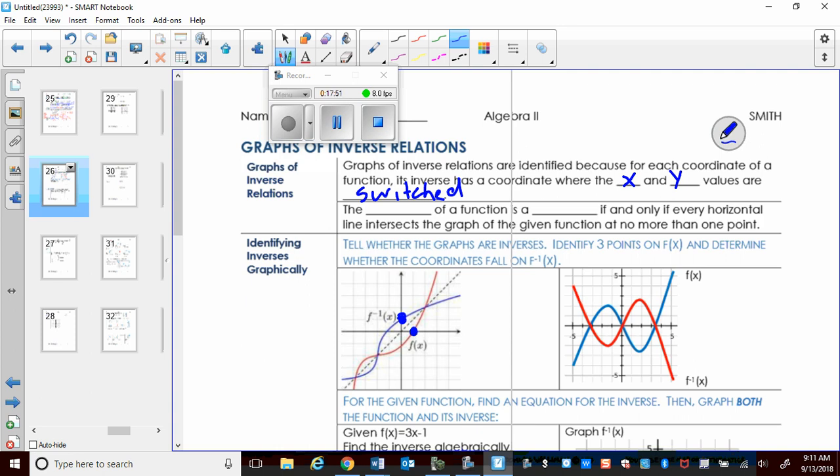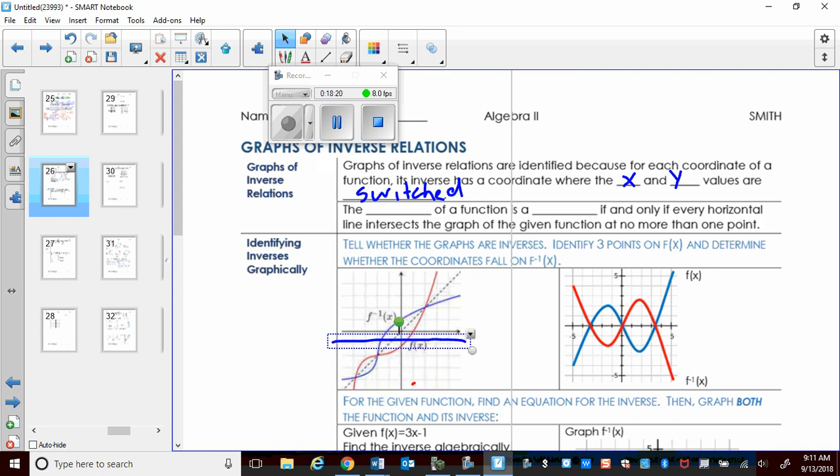A characteristic of inverses is if you draw a horizontal line, it's kind of like the vertical line test for functions. If you draw a horizontal line, that line should only hit both graphs at one point. So if I go up, it should only hit this function at one point, both functions at one point.